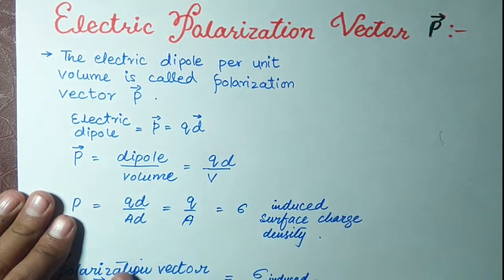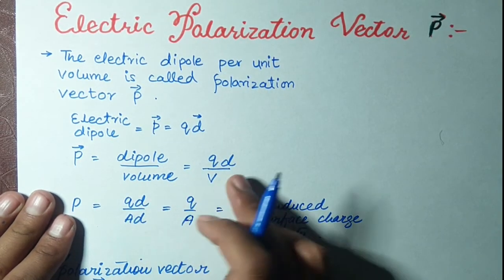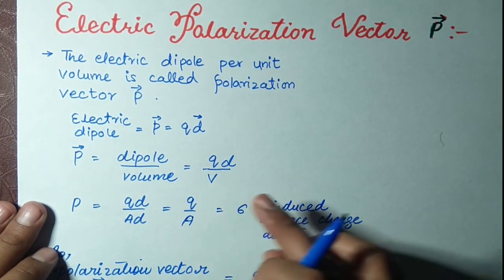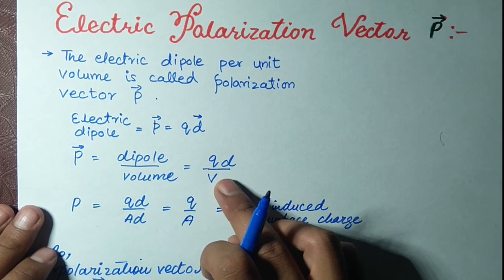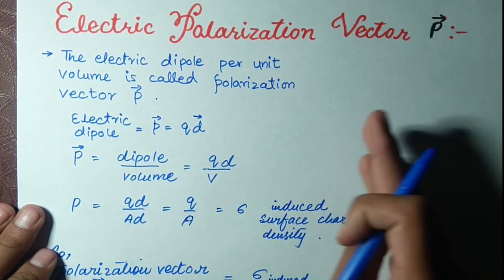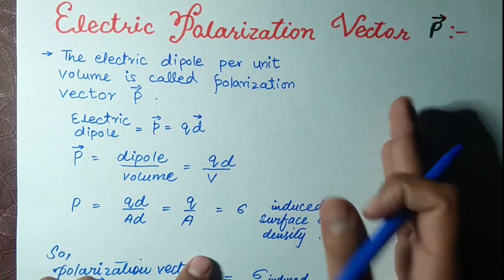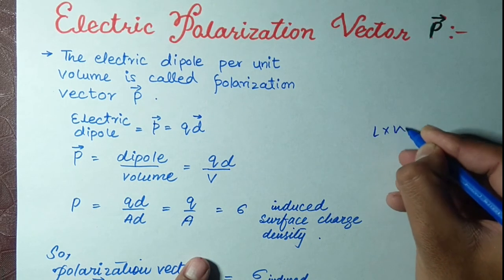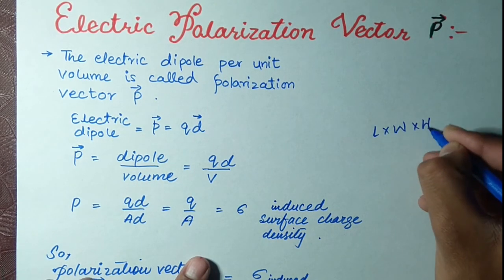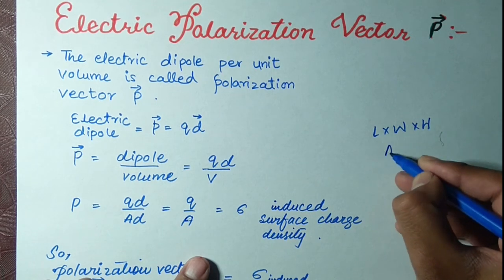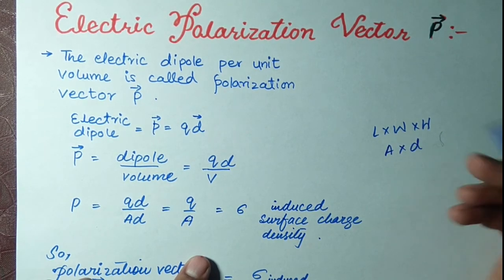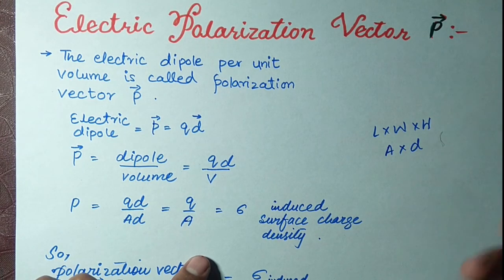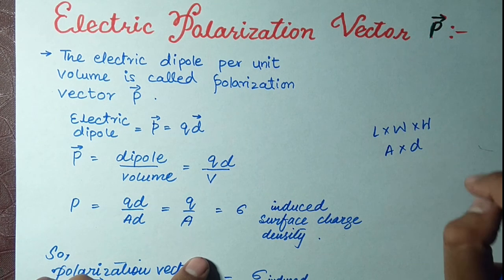And from the definition, P is equal to dipole per unit volume, Qd over V. We break this volume V into length multiplied by width multiplied by height, and width times height is the area, and the height is some displacement d, some kind of distance with the dimensions of length.